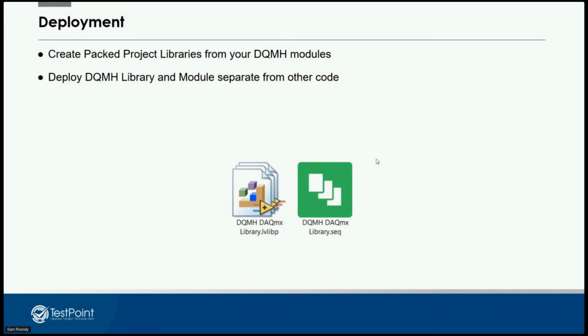With DQMH, I'll create that DQMH sequence library, and then I'll set that right next to a packed project library that's basically my DQMH module just packaged up into a PPL. And it's a lot easier to deploy because you can do all this from LabVIEW and you don't have to use the TestStand deployment utility, which I'm not afraid of. I'm very used to it. It's just a lot easier to deploy stuff from LabVIEW, especially when you're dealing with LabVIEW code.